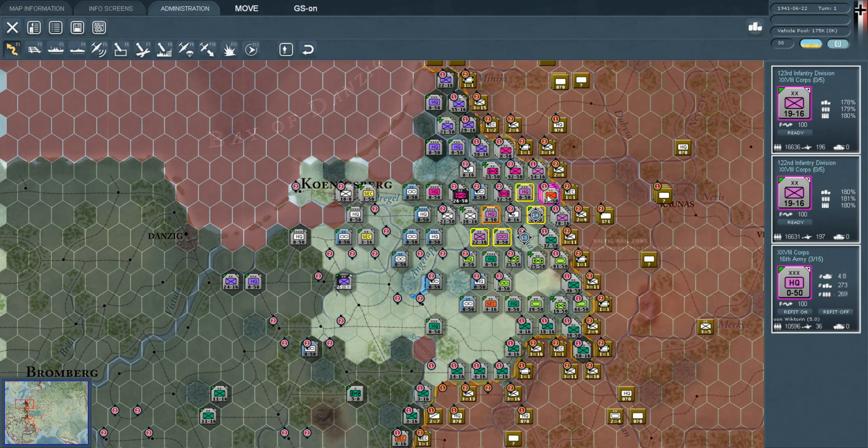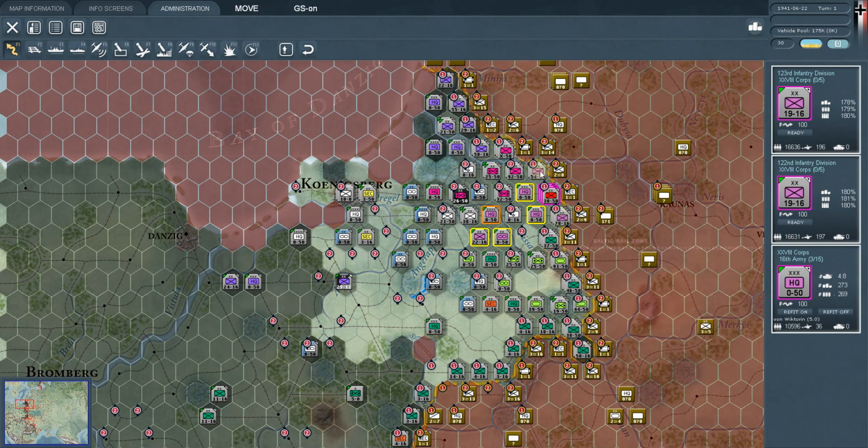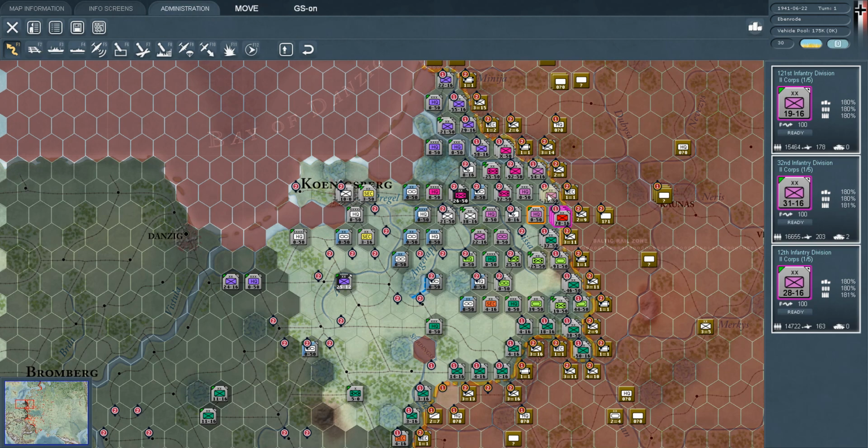All right. Now, units can move over a three counter hex. So if we wanted to move this infantry unit over to here, it could go here for one and then hop over here.